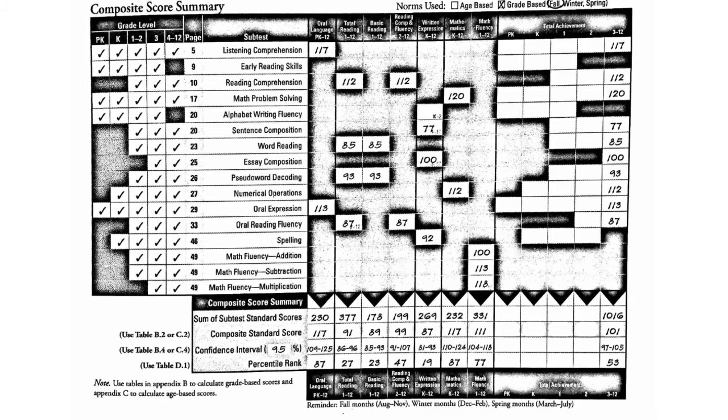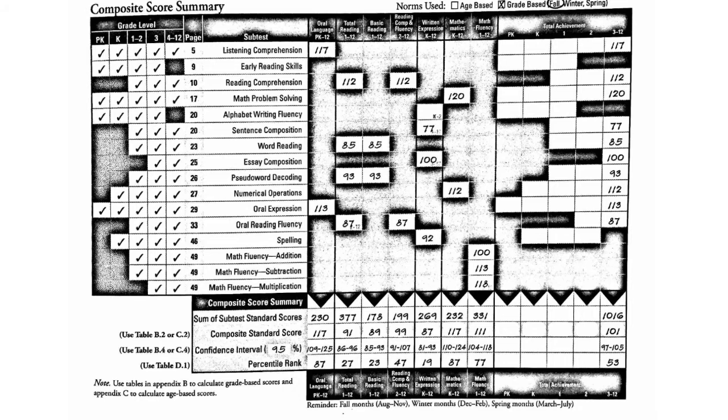Okay, so listening comprehension contributes to that, reading comprehension, math problem solving, sentence composition, word reading, essay composition, pseudo word decoding, numerical operations, oral expression, and oral reading fluency all contribute to that total achievement score.